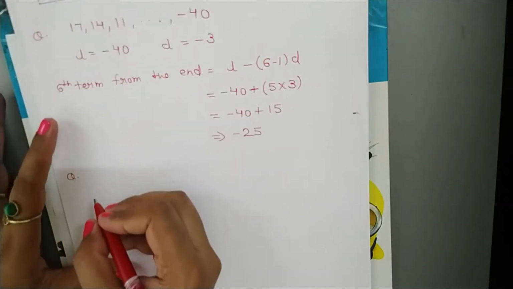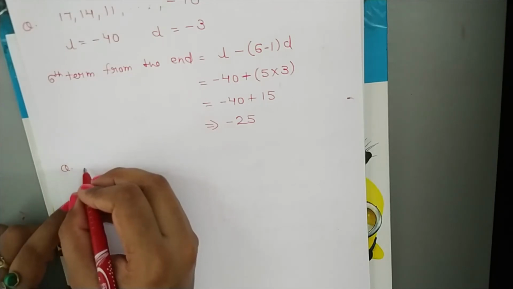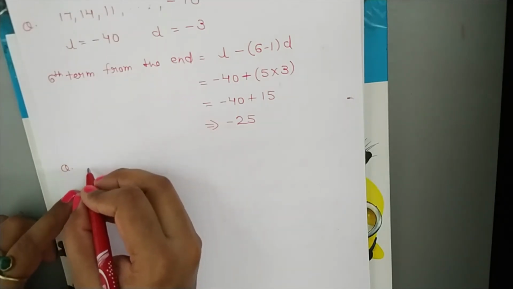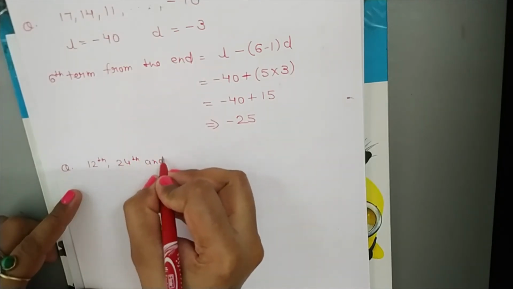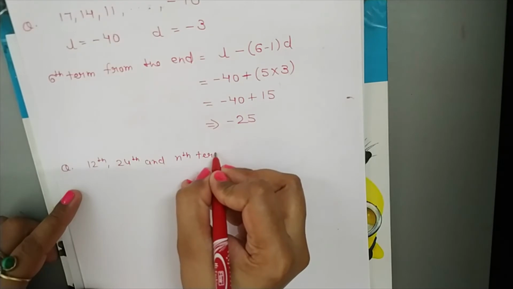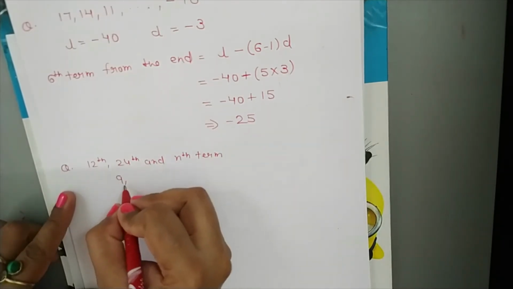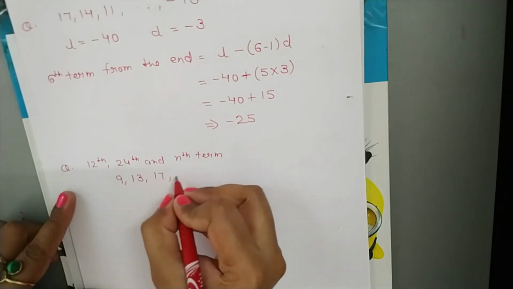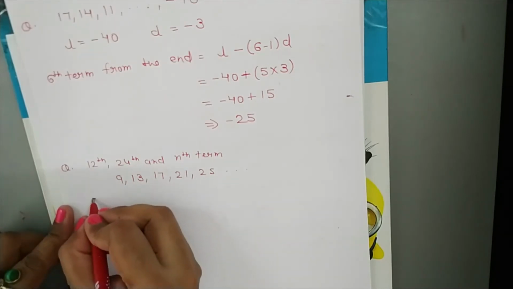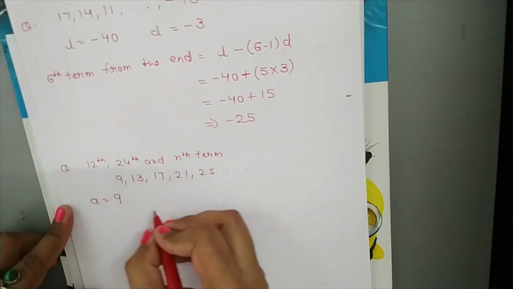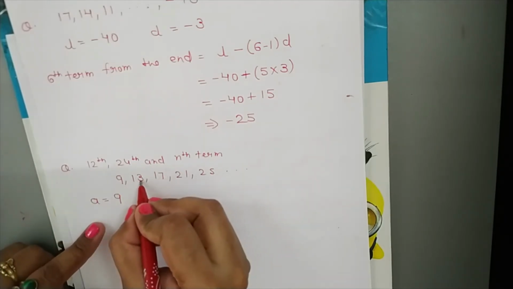Now we will discuss some questions based on the general term of an AP. The question is: find the 12th, 24th and nth term of the AP given by 9, 13, 17, 21, 25, etc. We can see that a is 9. The common difference is 13 - 9 = 4, 17 - 13 = 4.